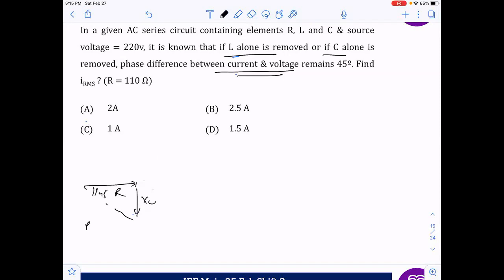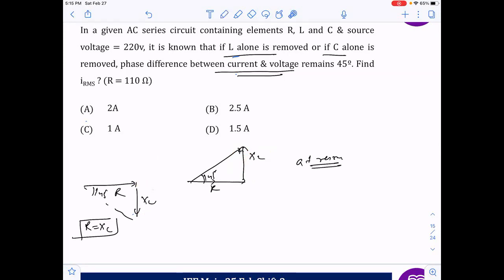That means in this condition R equal to XC. And if the capacitor is removed, XL is there, R is there, and they are saying the angle is the same. That means if you remove either XL or XC, it is only possible when the original circuit is at resonance.